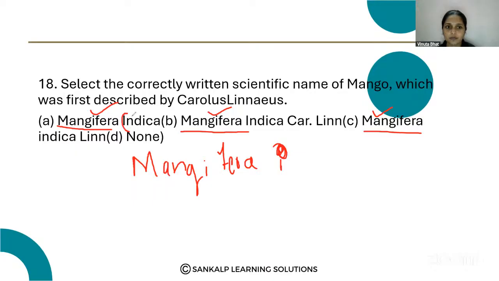Here you can find the capital letter, here also a capital letter, and only here you can find the small letter. Mangifera indica Linn. is the scientist's name who discovered this. So the correct option is option C.